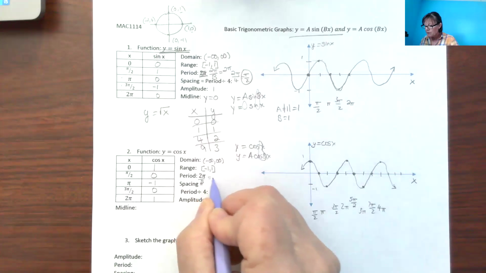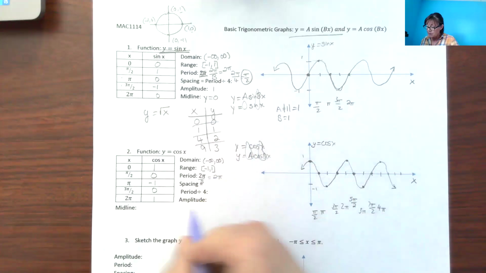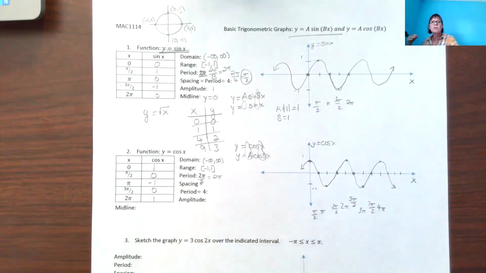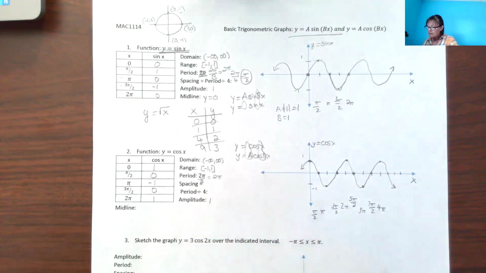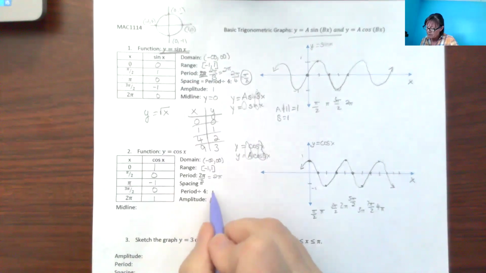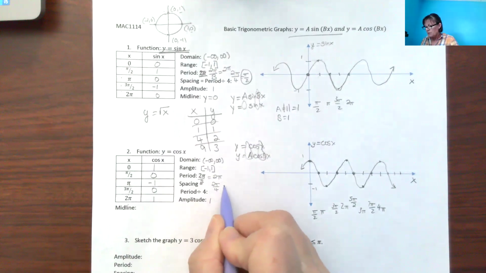So this is really 2 pi over 1, or just 2 pi. And a, in this case, is also 1. So the amplitude, how high and low the cosine's going above the midline, is 1. The spacing is always whatever the period is divided by 4. So it's pi over 2.